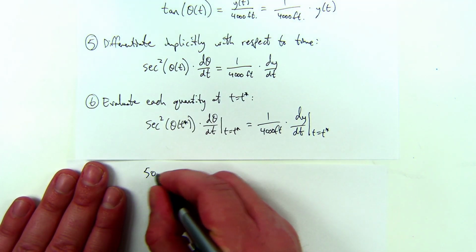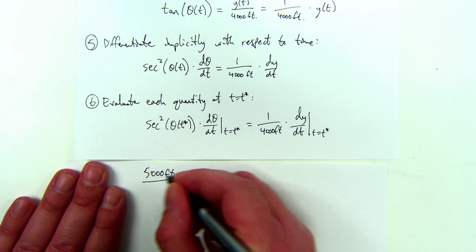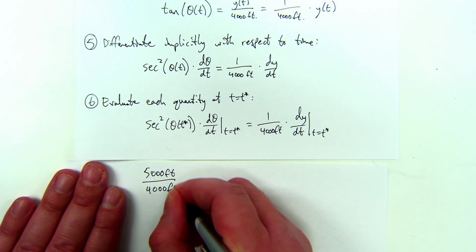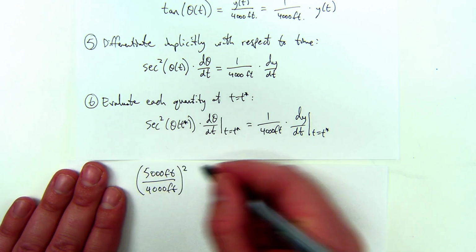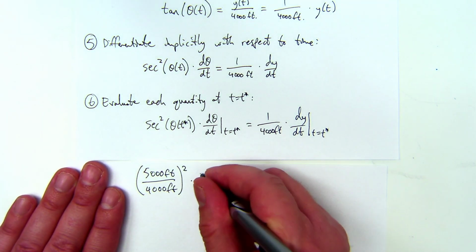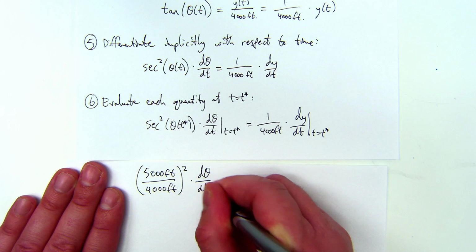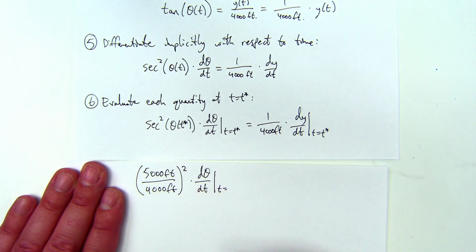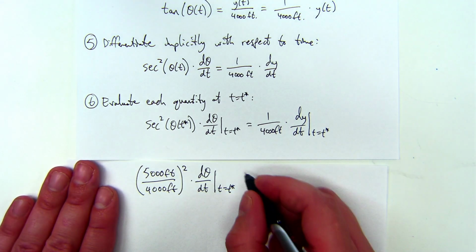So we have 5,000 feet divided by 4,000 feet quantity squared, multiplied by d theta dt at the special time. Well, we don't know what that is. That's exactly what we're looking for. We determined up in number 3 that this is the quantity we want to know.